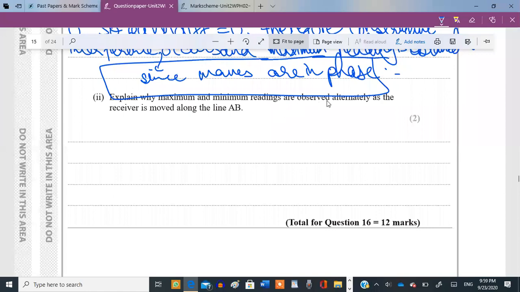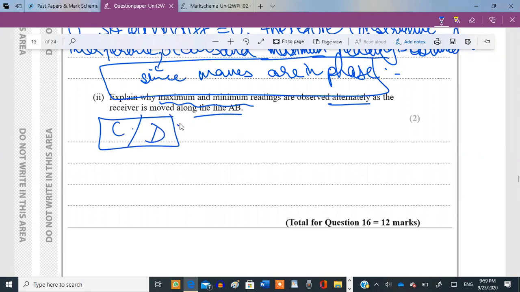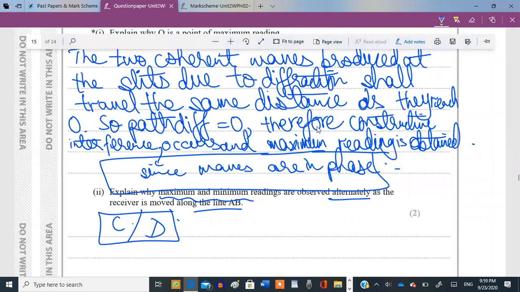Explain why the maxima and minima readings are observed alternately as a receiver is moved along the line AB, because as we go up and down, both constructive and destructive interference would occur. As this receiver is moved along this line, destructive and constructive interference would occur.